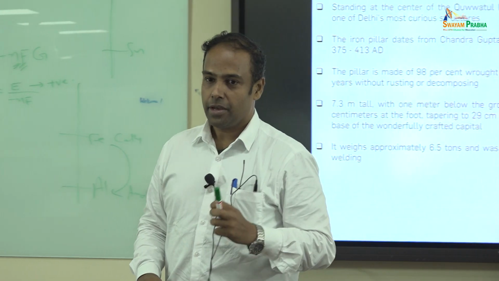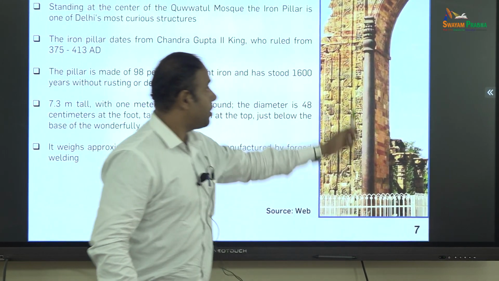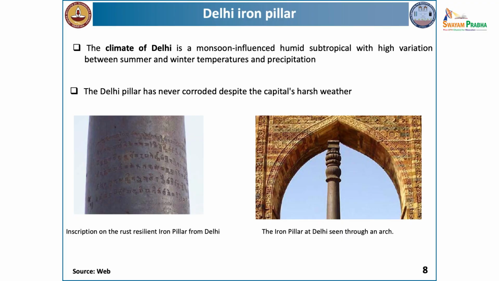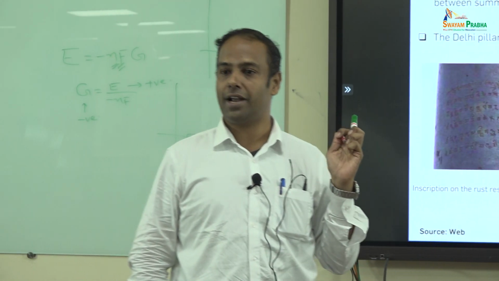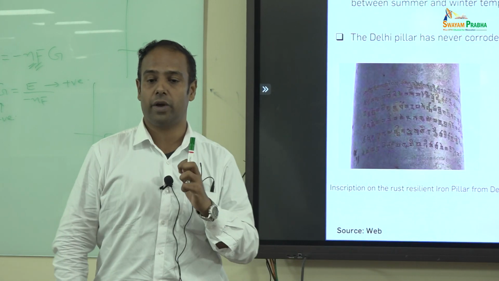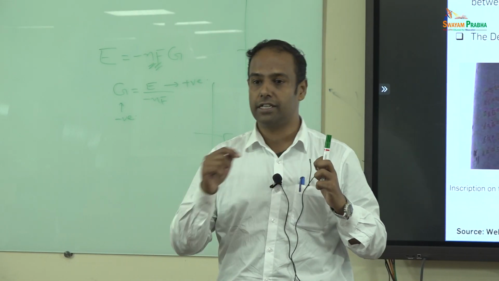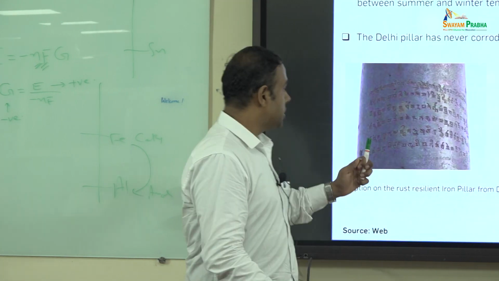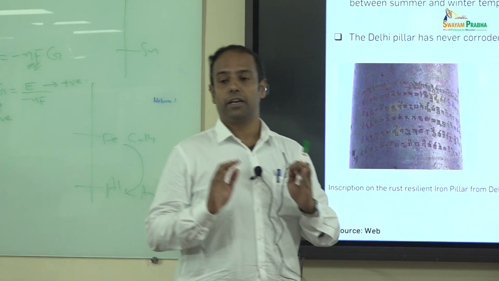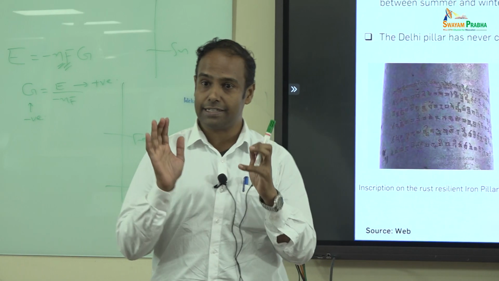Even today, if you look at the structure from the bottom to the top, you can very clearly see the inscription written into it. Today's generation of steels do not provide this luxury, but this Delhi iron pillar withstands the corrosive environment of Delhi, with cyclic wet and dry cycles, winter and summer cycles, which lead to specific conditions. Therefore, the Delhi iron pillar stands as it is without rust.